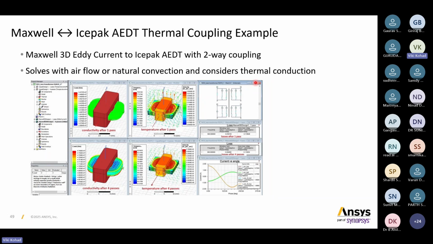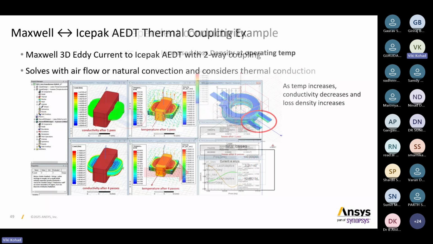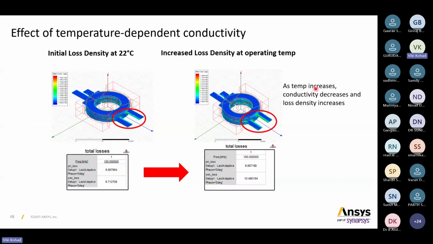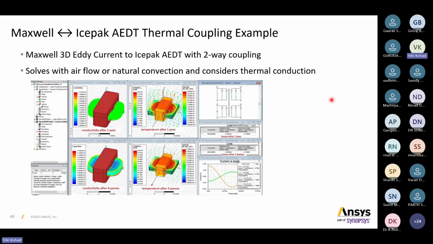Like in the previous slides we saw, as our temperature increases our conductivity decreases, but we have to know how much percent of my conductivity decreases as the temperature increases. That you need to find out. It is based mostly on the materials that you are using, like steel, or suppose copper.